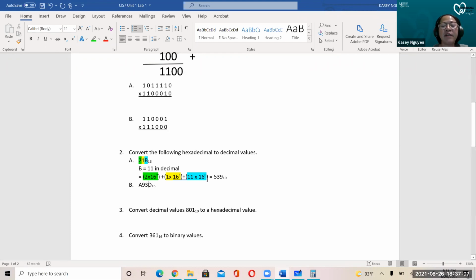And then once you have everything written out, you can multiply and then add, and you would have your result. Make sure that we complete 2B.